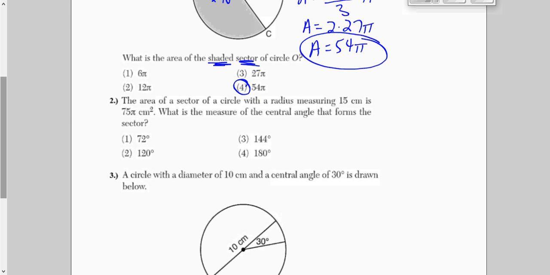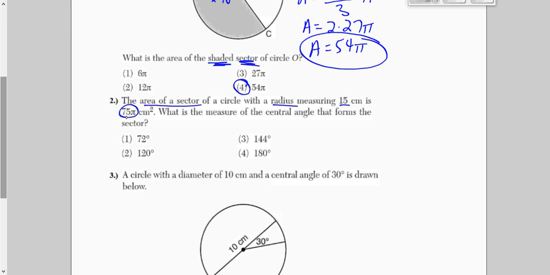Okay, so in number 2, we're kind of doing this in reverse. They're giving you what the area of a sector is, and the radius of 15. So the area of the sector is 75 pi. So we'll use the formula, but we're just going to switch it around, okay?